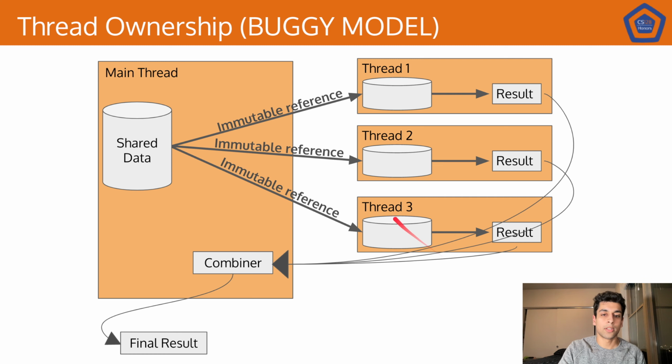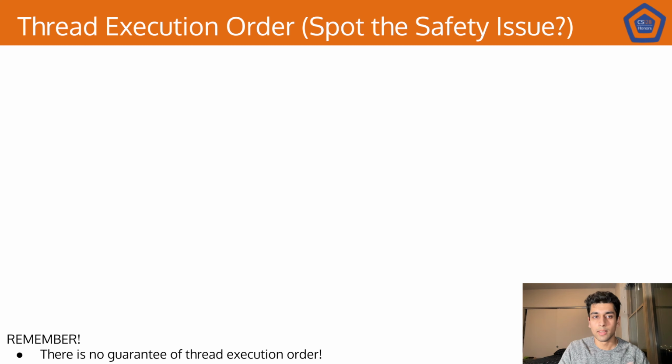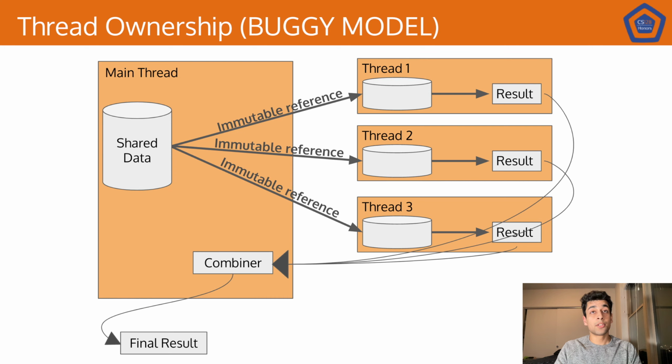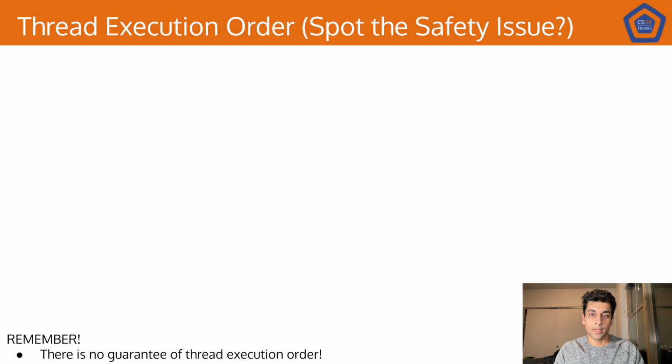So let's say this is just a giant vector, and we're giving a small slice of that vector to thread 1, a different non-overlapping slice to thread 2, and another different non-overlapping slice to thread 3. So let's suppose this is what our model looks like. See if you can spot the issue with this model in these thread execution order sequences.